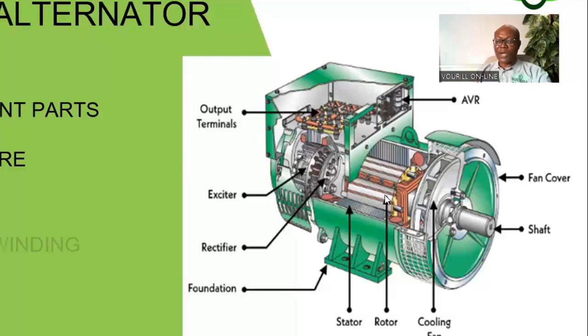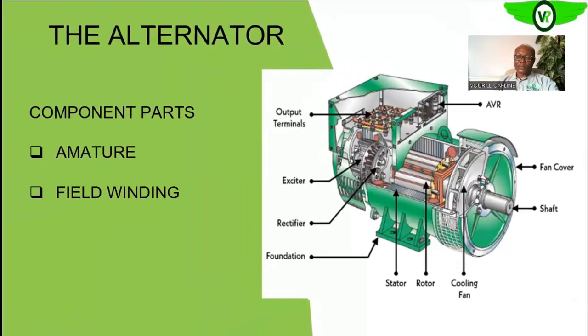Then the field winding is on the rotor of this particular alternator. So this is a rotating field generator or alternator, because the field is on the rotor or the rotating part of the generator.